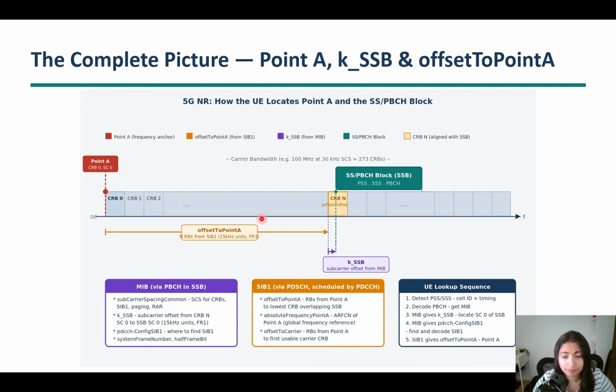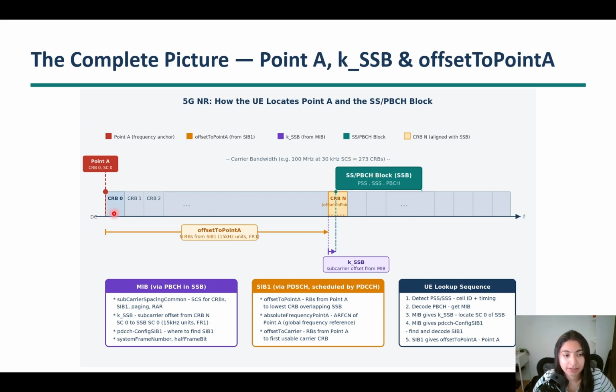Then there is another parameter called KSSB. The UE decodes KSSB from the MIB. KSSB is the number of subcarriers. It's the subcarrier offset from the start of common resource block N, which overlaps with the SSPBCH block, to the start of the SSPBCH block.